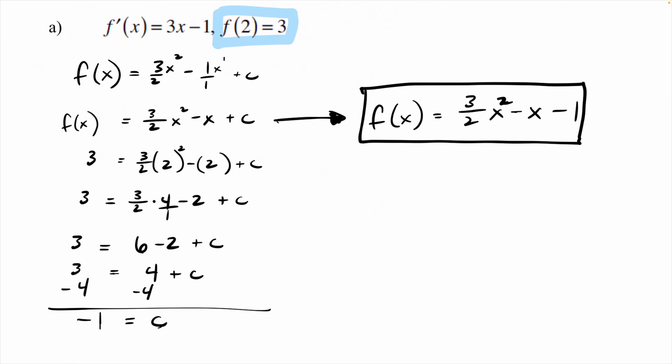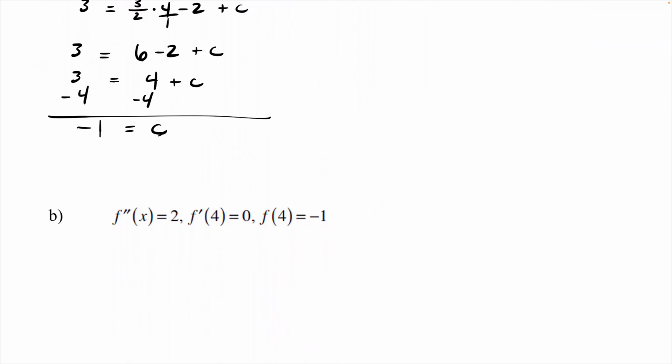This is the condition here. When they give us the condition, we can be more specific with our answer. We don't have plus c. Plus c is when we can't be more specific. Okay. All right, so let's do one more, and then I'll let you guys work on your own.